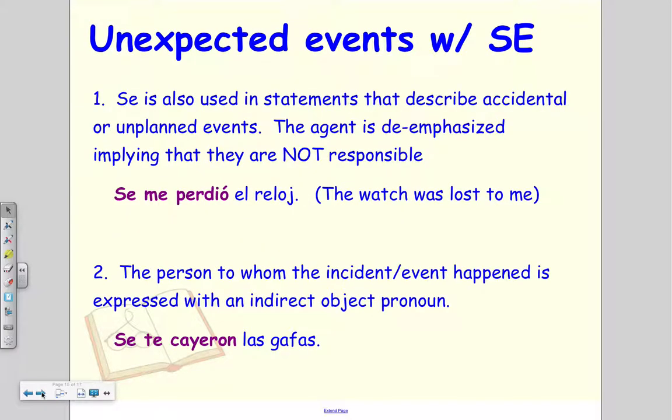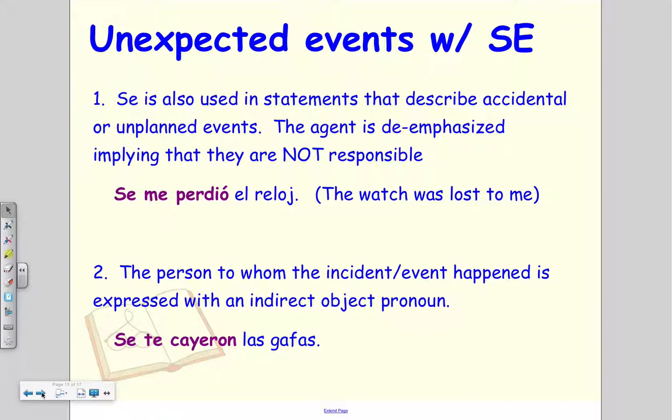My personal favorite, unexpected events with se. You know you're a Spanish teacher when you have favorite grammar points. Many of you have seen this use of se in the past. You may or may not realize what was happening. When you did accidents in Spanish 3, you probably learned se me cayó, se me rompió, se me torció.